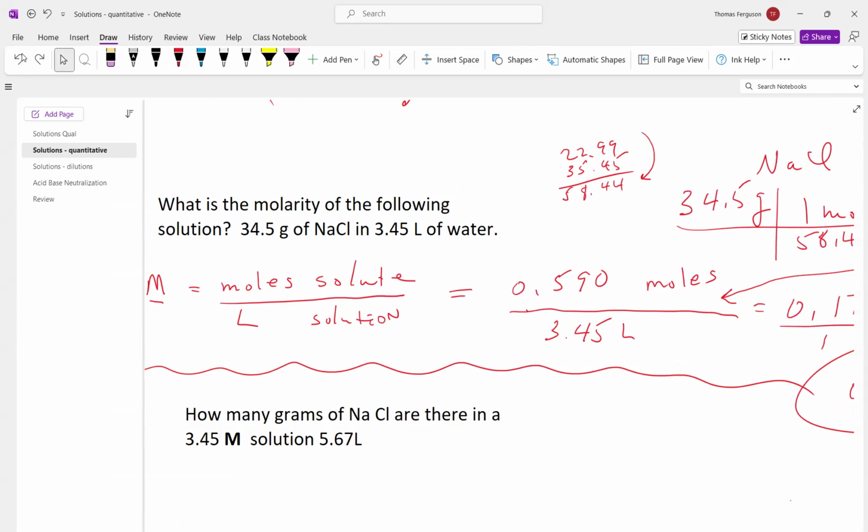Okay, then there's the opposite. If I told you a certain concentration of a solution in so many liters, how many grams of solute are there? So we're working backwards now.